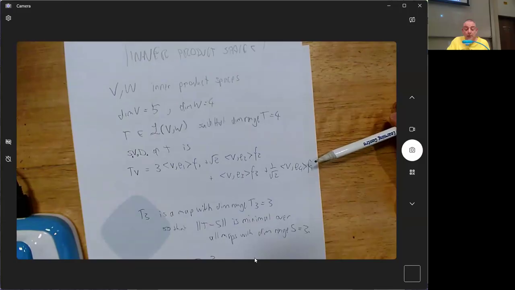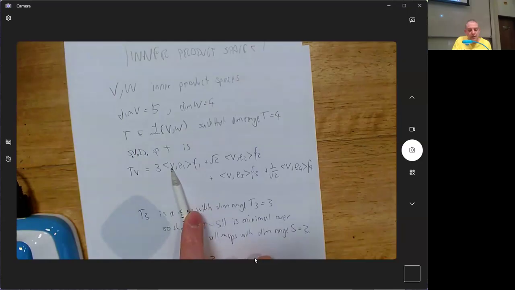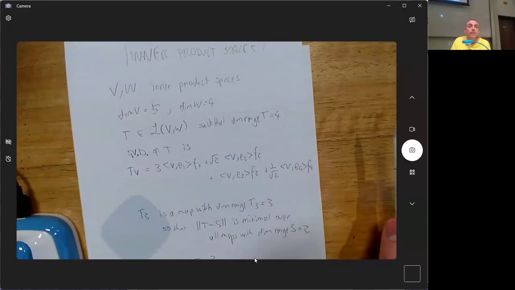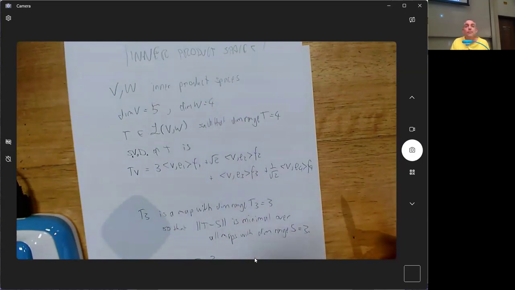I'm going to make a guess that these E's, because I've done an inner product of V with E1, these E's are in V. I don't think they are. Because how can you do an inner product of something in V with something in W? But this is an inner product.